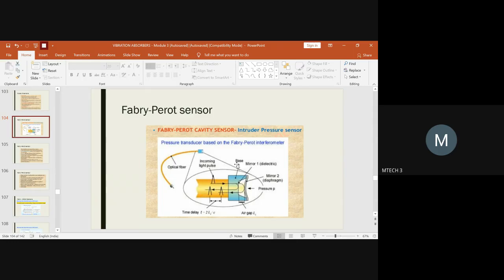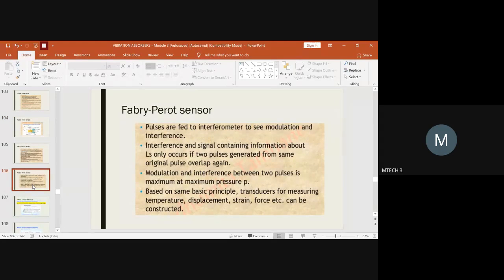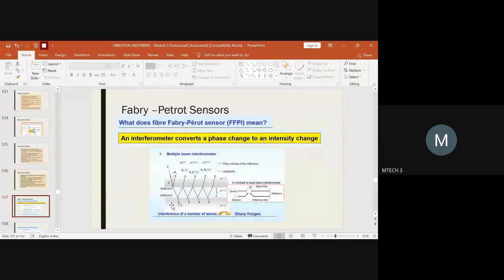Regarding this, we explained the principle, how the variation in the pulse of the light input comes into the picture and how the process goes on. We dealt about the principal process of the Fabry-Perot sensor, and how the incident and the reflected ray will vary.